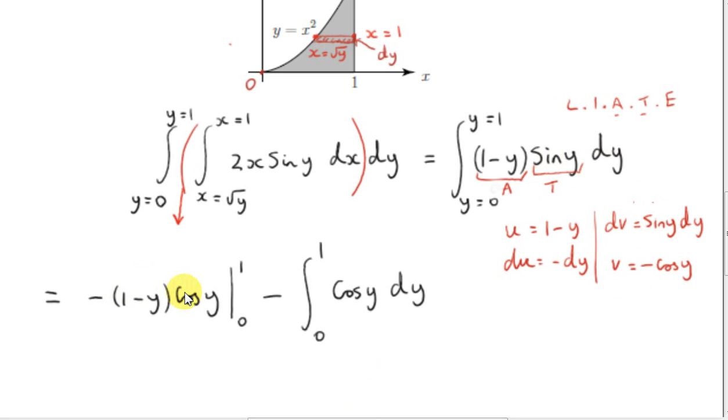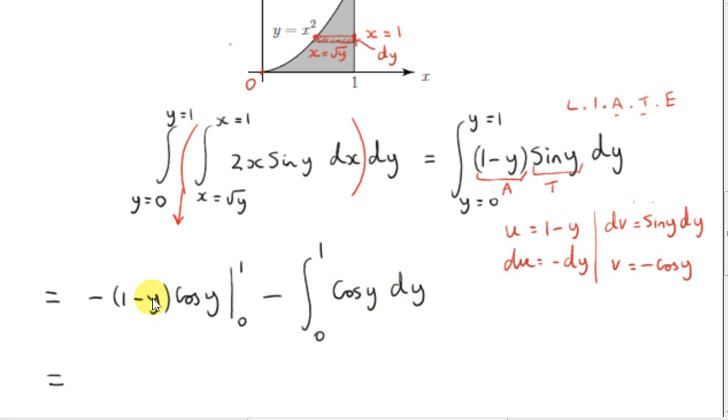So we multiply u by v, so 1 minus y times minus cos y gives us this here, and we apply our limits, y equals 0 to y equals 1. Then we've minus the integral of v times du, so that's minus cos y times minus dy. Okay, so we've minus the integral of minus cos y by minus dy, which gives us this here.